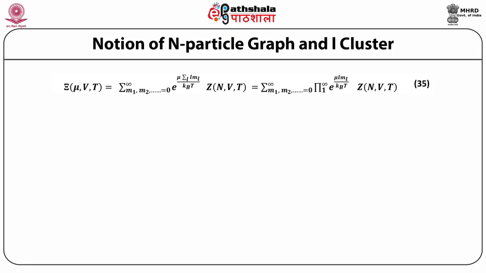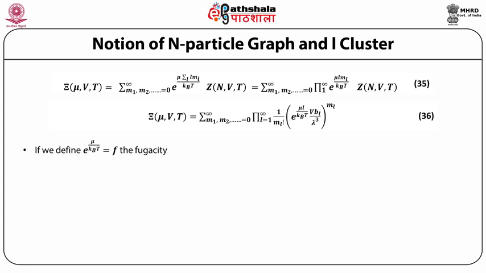Xi(μ,V,T), also called the grand partition function, is equal to the summation over m1, m2 and so on from 0 to infinity, multiplied by the product over l from 1 to infinity of 1 upon m_l factorial (e^{μ l / k_BT} V b_l / λ³) raised to power m_l.